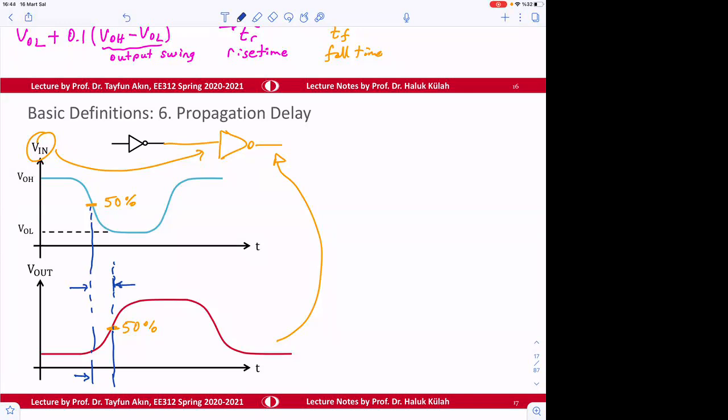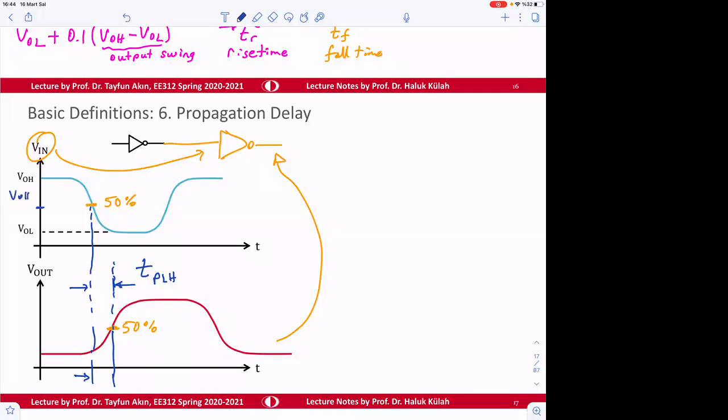We call this, and then we look from this rise point, propagation delay from low to high. That's how we define that, okay? 50% change. Because the output is going to be changing high to low, low to high. Okay, so the midpoints, let's look at how much delay there is when this is switching. And as you might guess, the 50% point is this voltage.